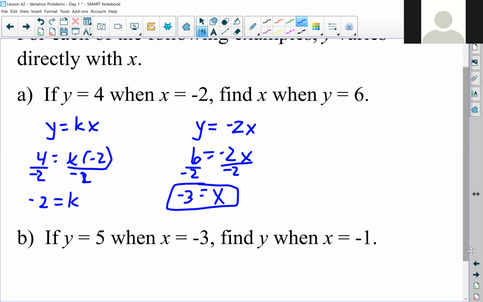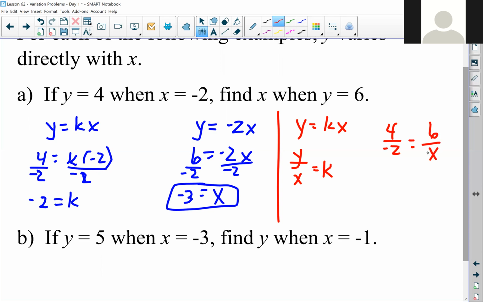The second method you could use, because y equals k times x, and that constant is going to be the same for all of part A. If I solve for k, what I can do is use a proportion and say 4 over -2 is equal to 6 over what value for x, and solve using proportions.